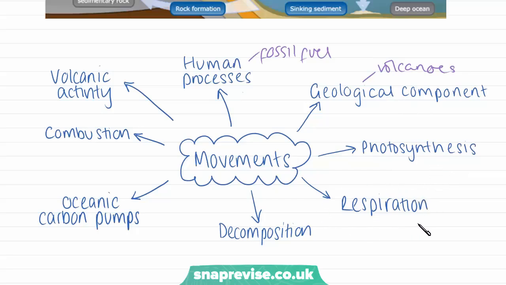We have other biomass processes such as respiration and decomposition, oceanic carbon pumps, combustion and volcanic activity, and we're going to go through these in greater detail now. So don't worry if you don't understand what these are now, I'm going to go over them all.